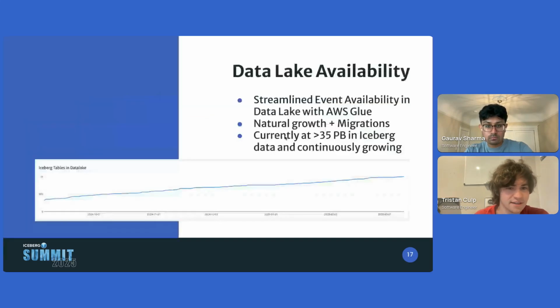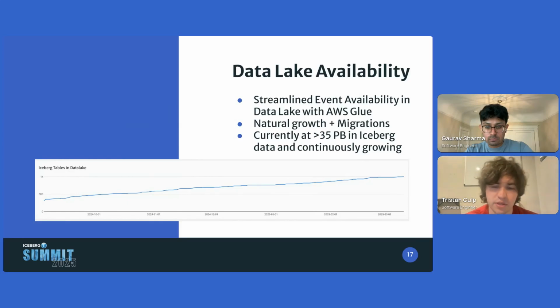Yeah, move on to the next slide. Another benefit was just in general the move towards our data lake first approach. Adopting Iceberg really helped us increase the availability of our tables in the data lake. Like I mentioned, when we were working with Delta, we had started adopting it for a few jobs, but we were facing a lot of troubles.